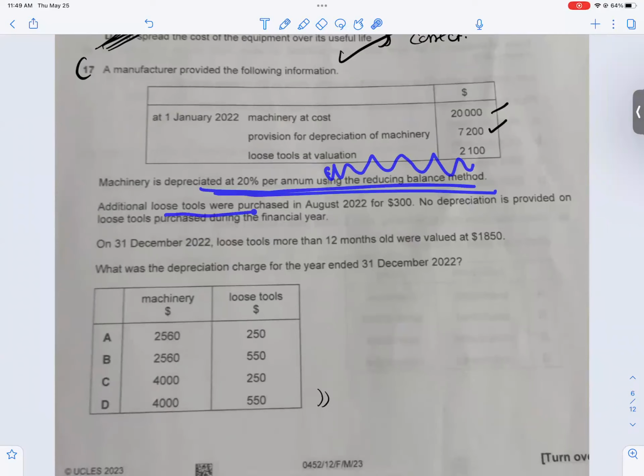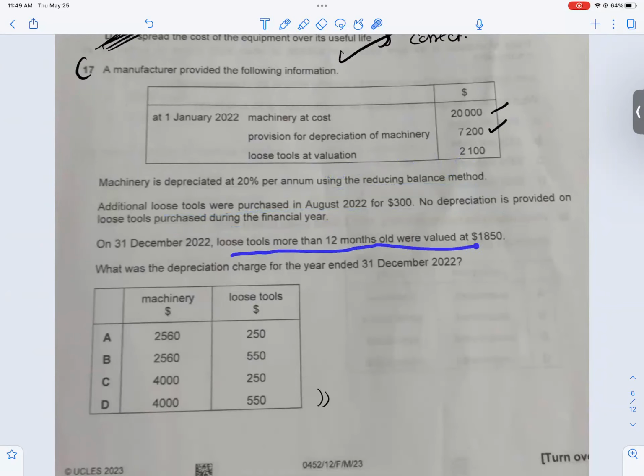Additional tools were purchased. No depreciation is provided on loose tools purchased during the financial year. On 31st December 2022, loose tools more than 12 months old were valued at 1,850. What was the depreciation charge for the year ended 31st December?